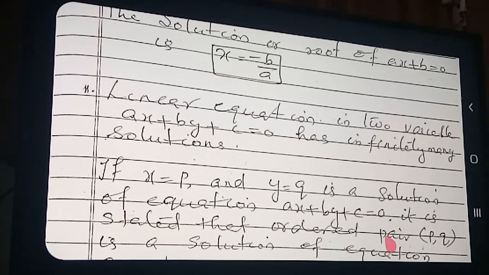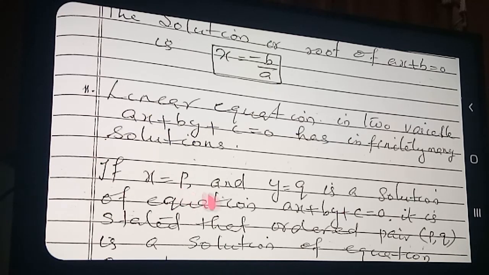For example, x equal to 2 and y equal to 3 is a solution. How do we write it? As the ordered pair (2, 3). Remember, you must write the x value first, then the y value. So if we give x equal to 2 and y equal to 3, we write the solution in the form of the ordered pair (2, 3).